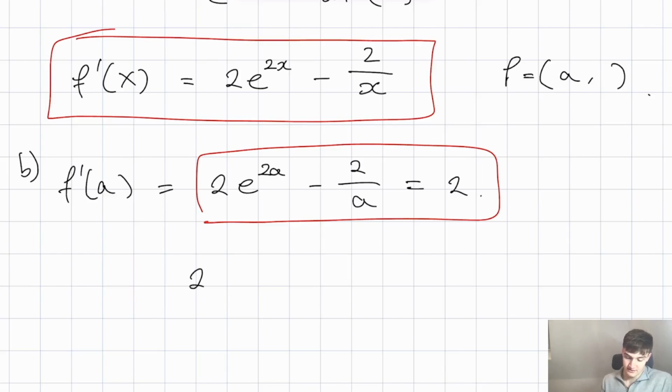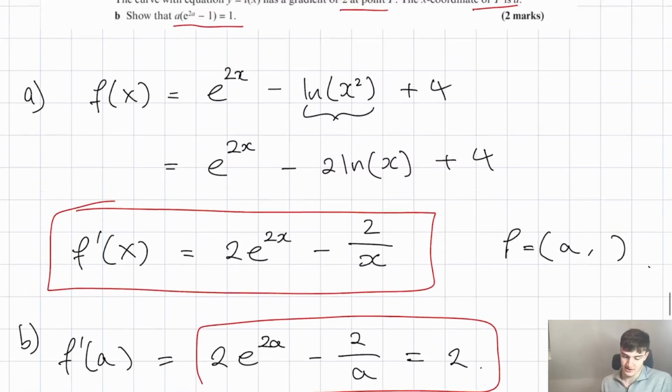That's going to give me 2a e to the 2a minus 2 is equal to 2a. Let's just divide everything by 2 as well whilst we're at it. So we have a e to the 2a minus 1 is equal to a.